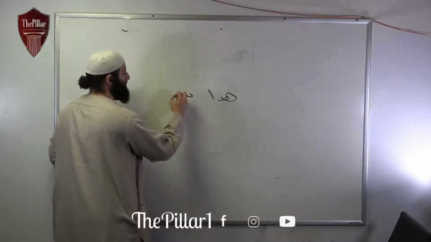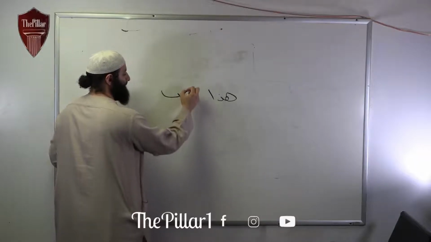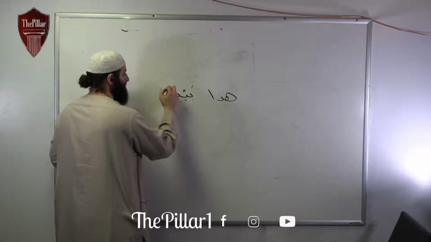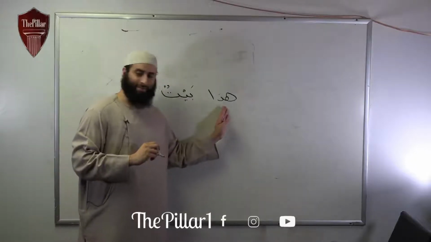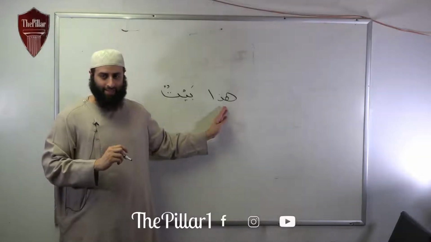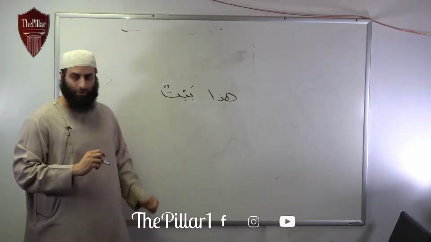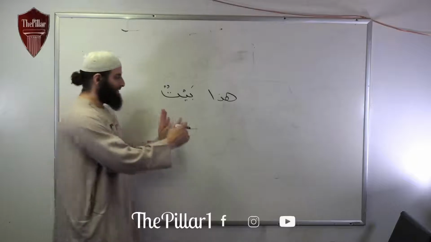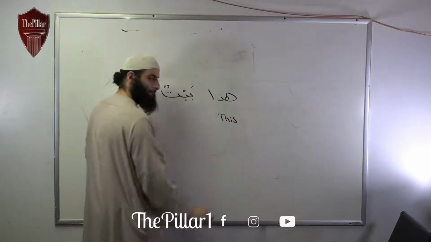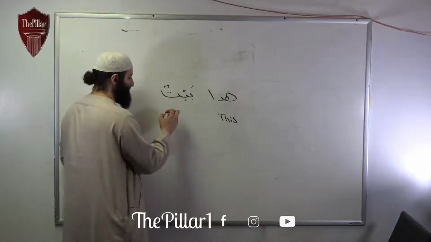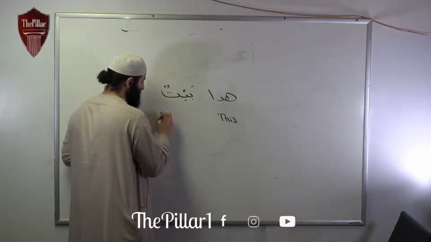Well, baytun doesn't need any breaking down, but we can see what's in there. This is a house. When you translate this word for word, it means this, and this is just house, or a house.